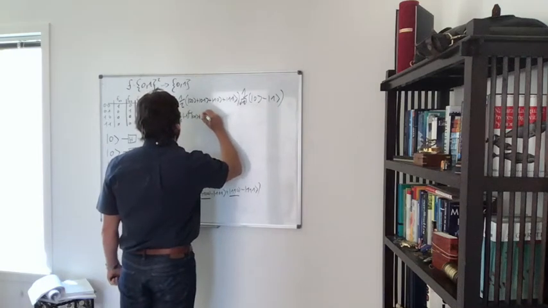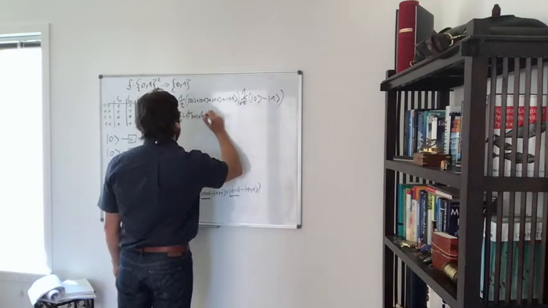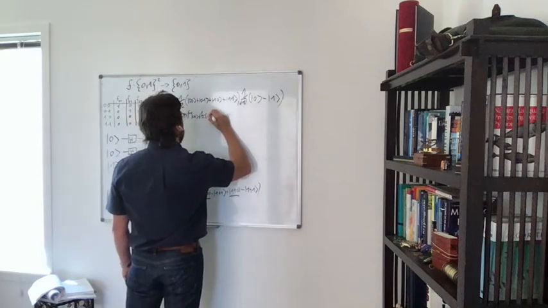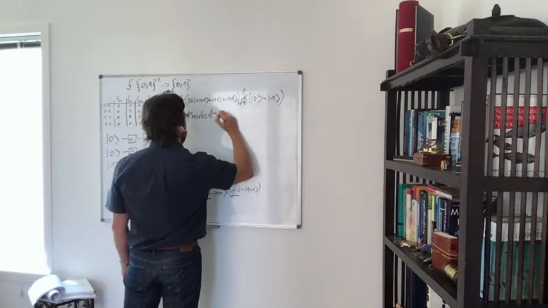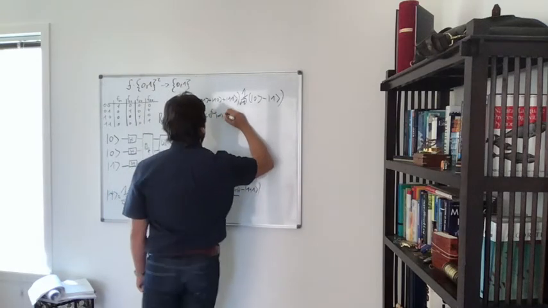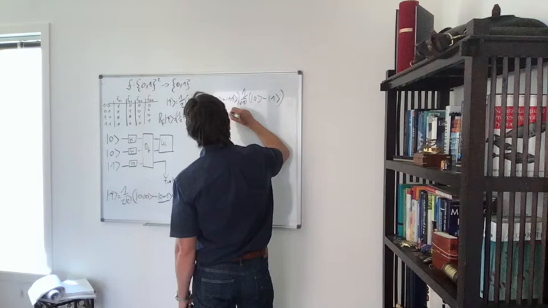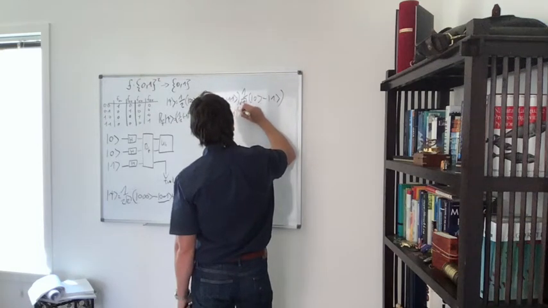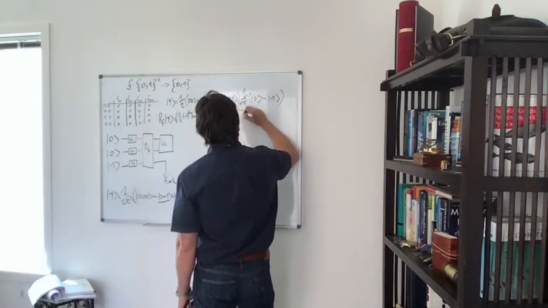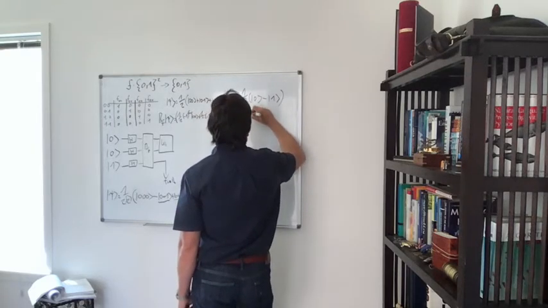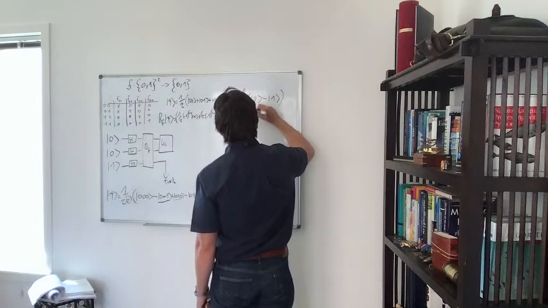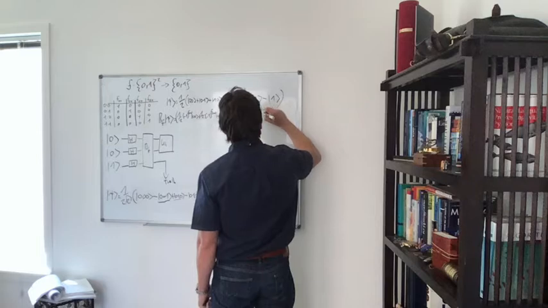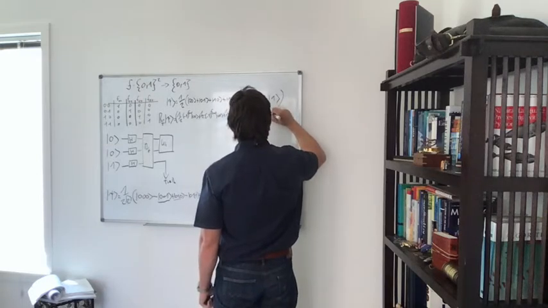So then for the next one, again, we would have minus 1 to the power of f of 0, 1, 0, 1, plus 1 over 2 times minus 1 to the f of 1, 0, 1, 0, plus 1 over 2 minus 1 to the f of 1, 1, 1, 1.